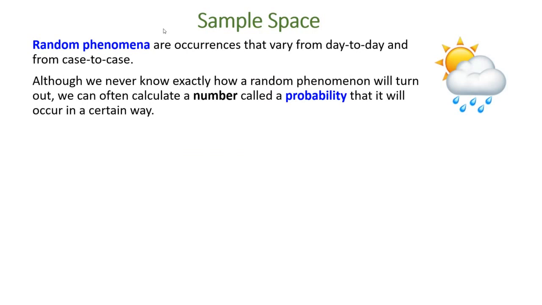So the probability is given as a percentage, as a number. It can be given either as 20% probability of rain tomorrow, or it can be given as a decimal, 0.20, or as a fraction, 1/5.